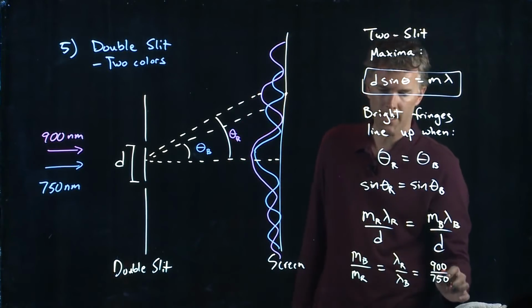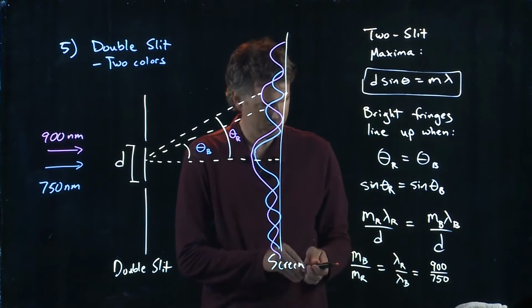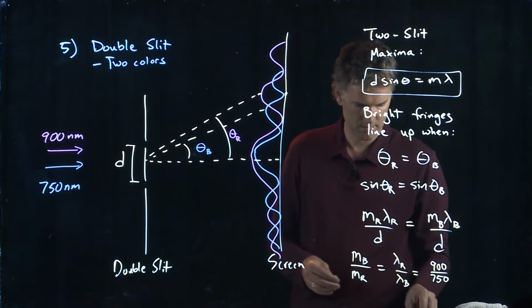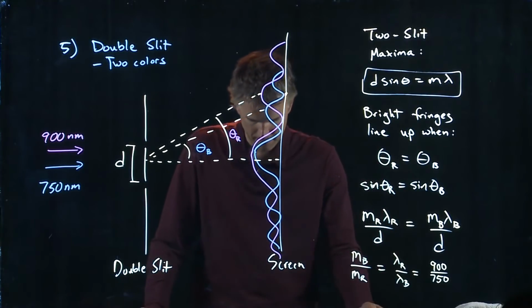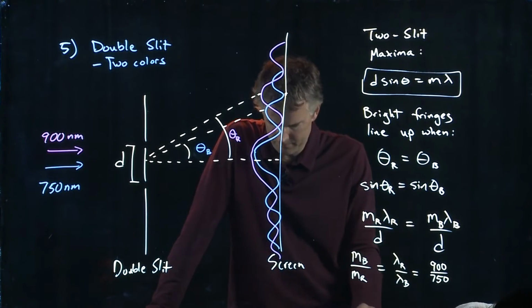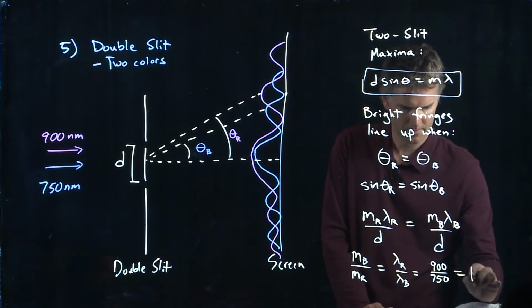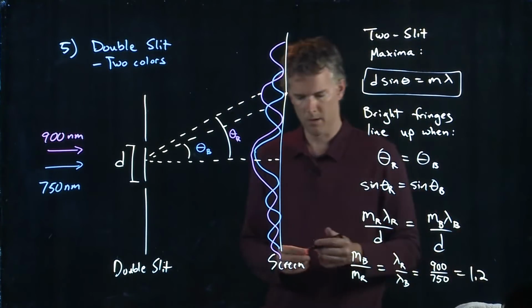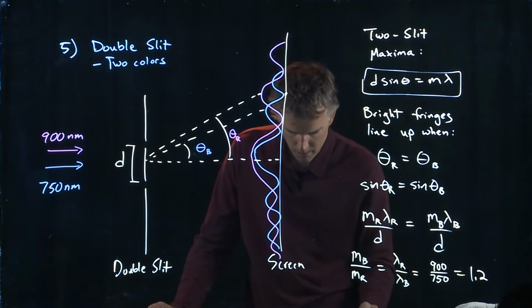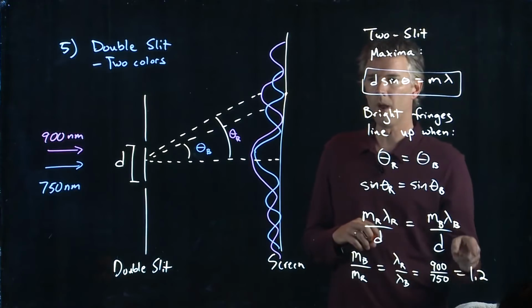If you punch in 900 over 750 into your calculator, tell me what you get. What'd you get? 1.2. Okay, so the ratio of these m's is going to be 1.2.